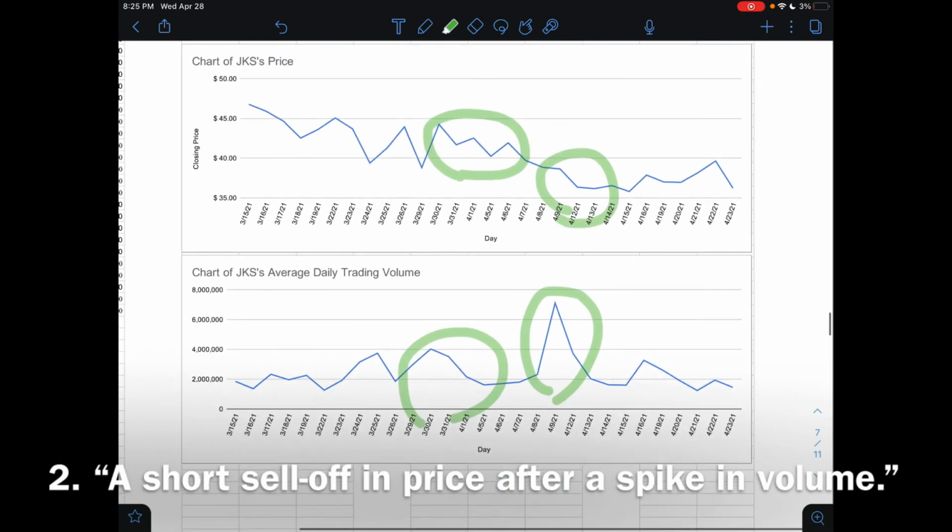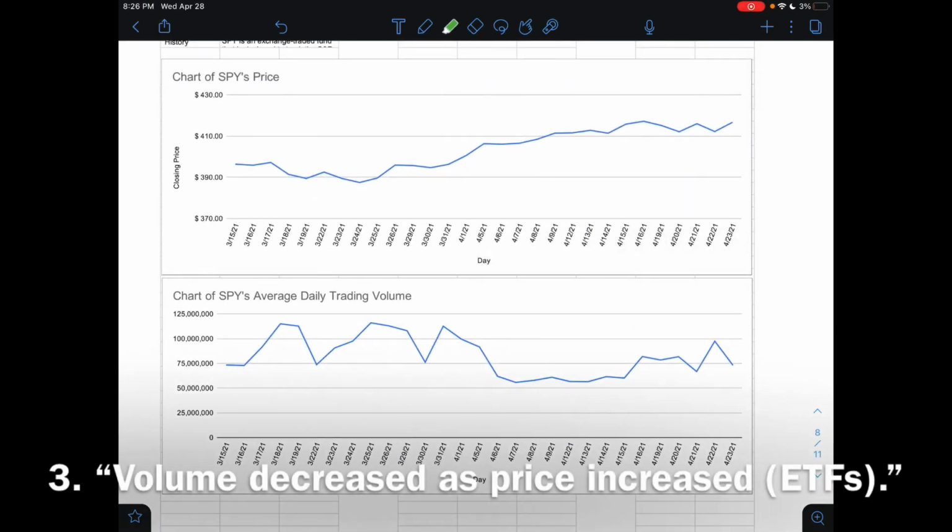All right, so my last takeaway is that volume of an ETF slowly decreases as the price of the market ETF slowly increases. So as volume decreased, the price increased. As you can see, price increased and then volume slowly decreased as well over time.